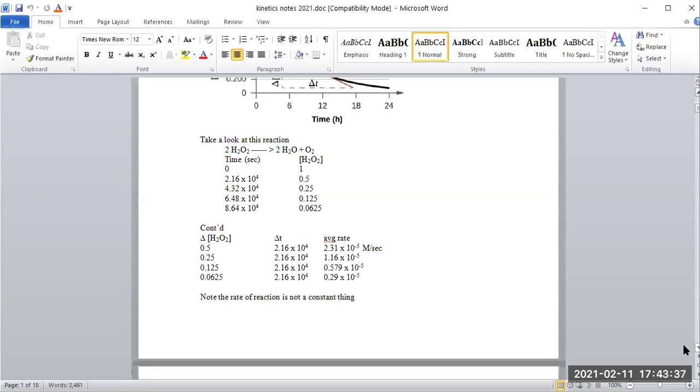And the further out you got in time, the more and more sluggish it gets. So my final calculation here is 0.29 times 10 to the negative fifth.